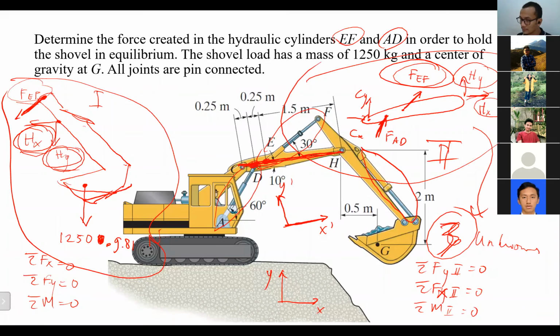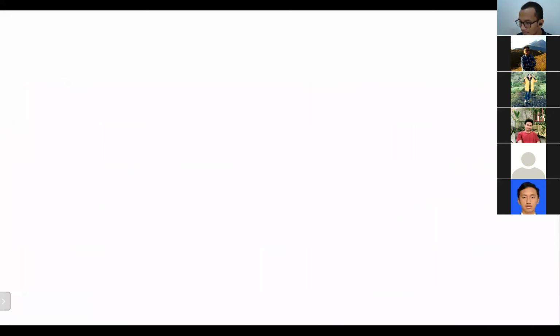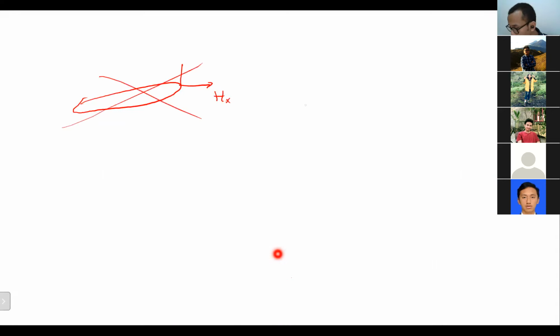So you don't have to use Hx and Hy. Cx and Cy, you don't have to use Cx and Cy as well. I can create another free body diagram there, like this. This one is my Hx accent.